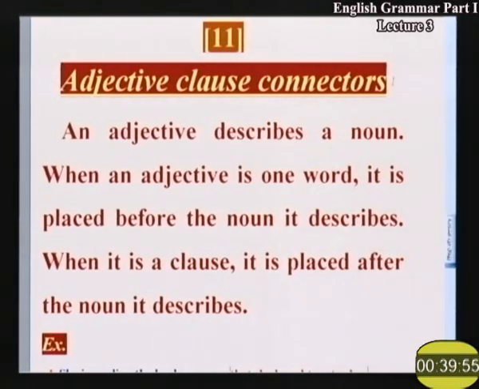Alright؟ يبقى ساعتها مش هيبقى فيه connector. لكن when you have two clauses يعني two subjects and two verbs you must have a connector. طيب نقرأ كده مع بعض.